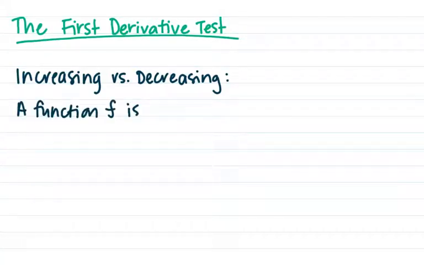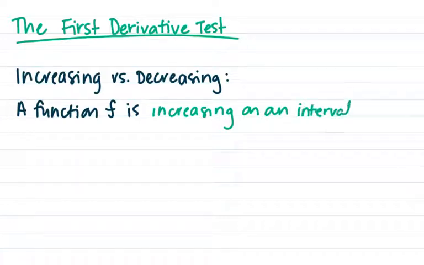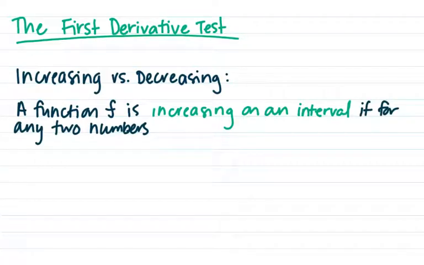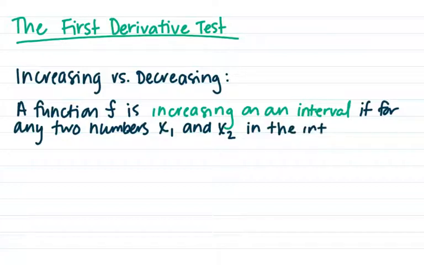So we say that a function is increasing on an interval if for any two numbers x1 and x2, just whichever two x values you're comparing, in this interval, for the x values to the left, as we go towards the x values on the right, we're implying that their y values on the left are less than their y values on the right.